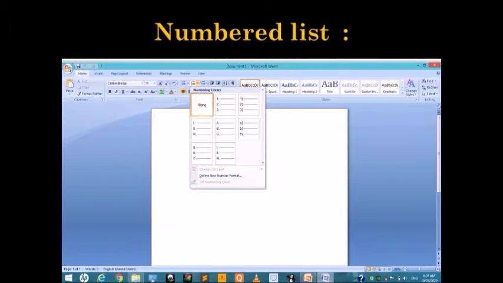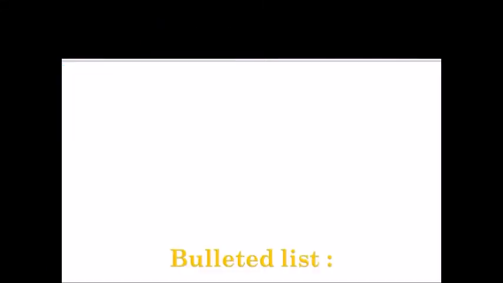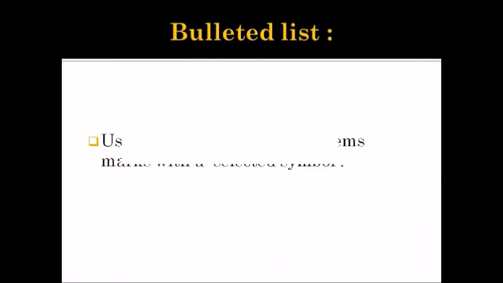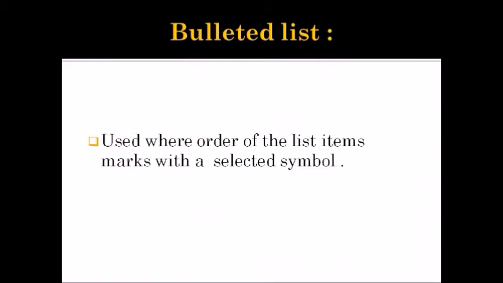Look here, in this way this is our number list: numbers, alphabets, Roman numbers. Next is the bulleted list. This type of list is used where the order of the list items is not important, and the list items are marked with selected symbols.